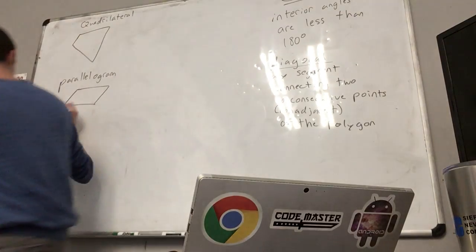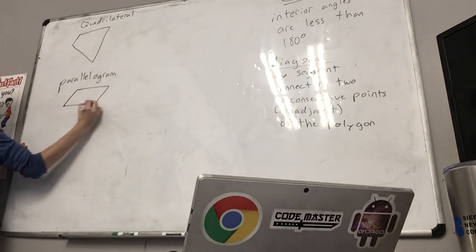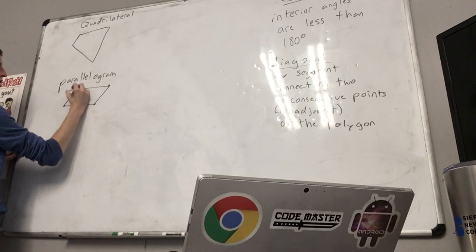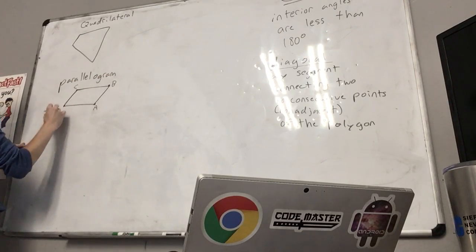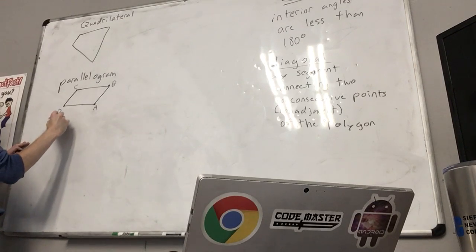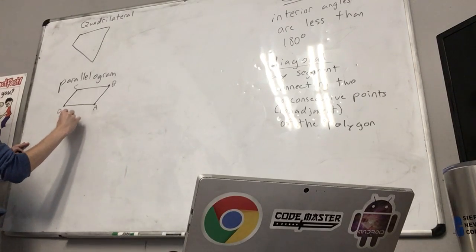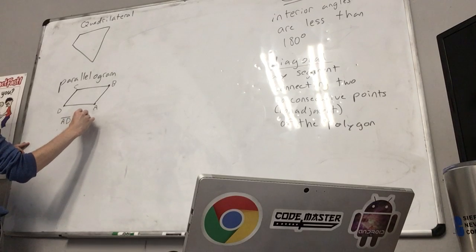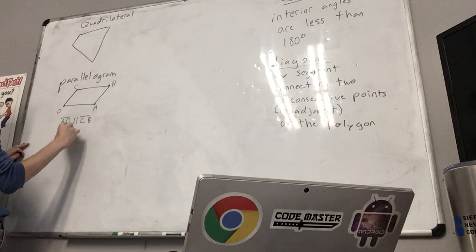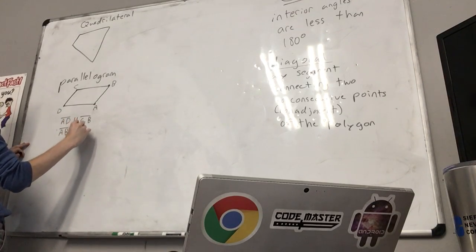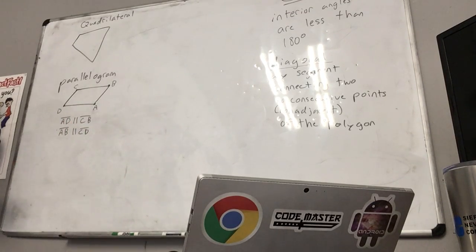Okay? So really quick, just to make that clear: AD is parallel to CB, and AB is parallel to CB. Okay, so it's basically a special type of quadrilateral.